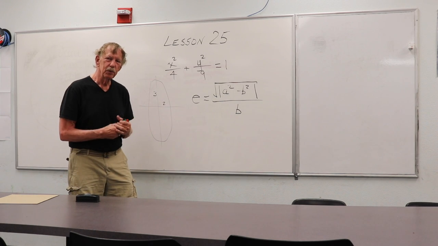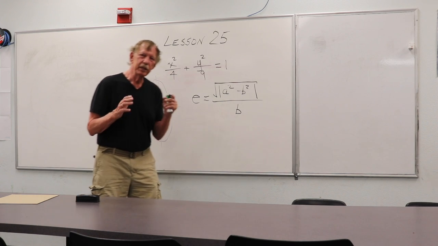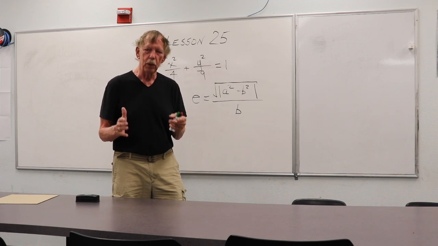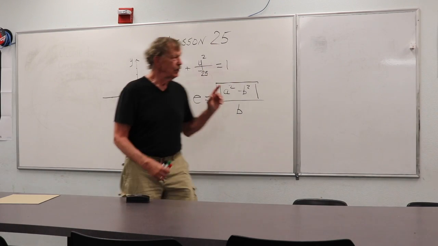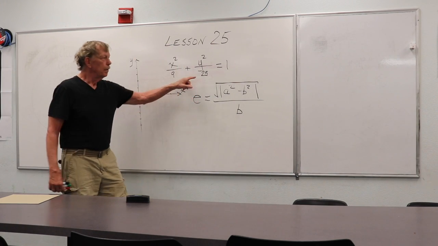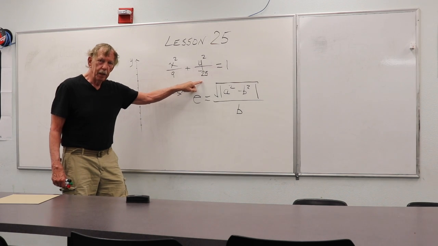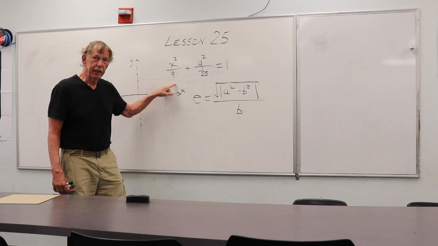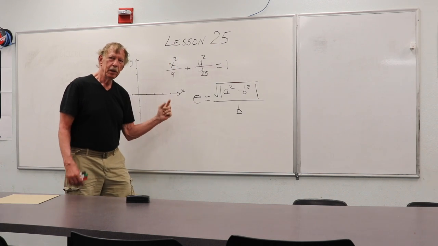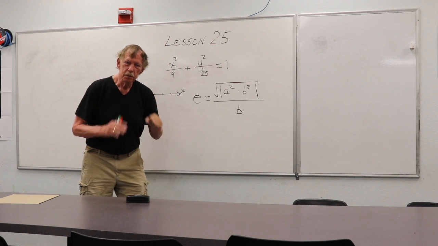Let's do another couple or three of these so that you can get the idea of how this works. In this example, B and B squared are much bigger than A and A squared. So we know that the stretch is vertical. The squish is that way.